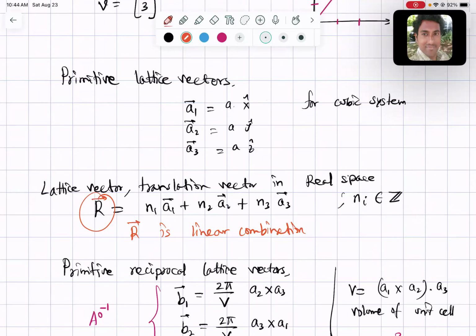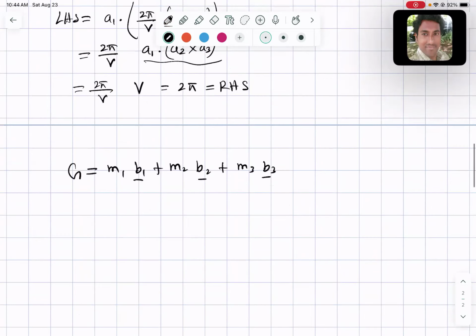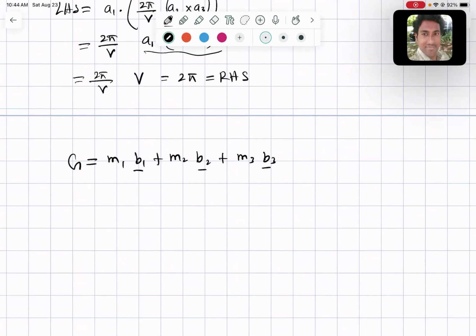Linear combination means we multiply each vector by a scalar, then we add up all the vectors. And here G is again a linear combination of B1, B2, B3. M1, M2, M3 are just numbers, here they are integers.